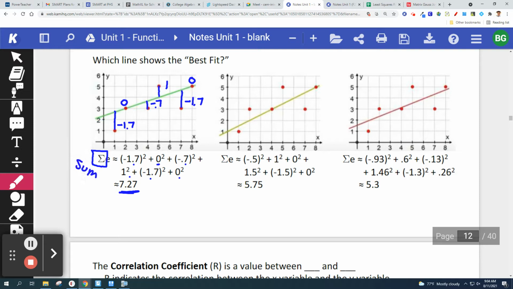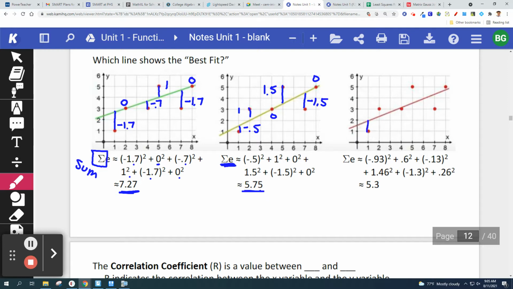Anytime you see the Greek letter sigma, it's adding things up. It's the sum of whatever they're talking about. So for this one we've got negative 0.5 and 1 and 0 and 1.5 and negative 1.5 and 0. And so we add up all of those, sigma e, and we get this total.